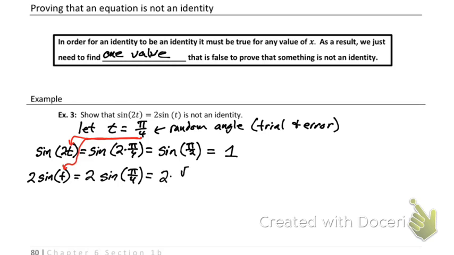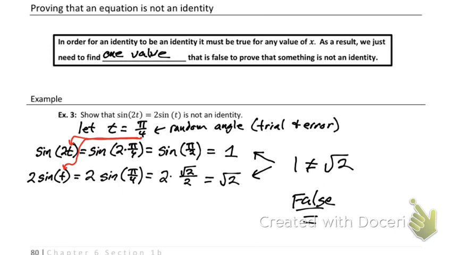So this is going to be 2 times square root of 2 over 2, which just equals square root of 2. 1 does not equal square root of 2, so that's how we proved it was false. Those two things are not equal.